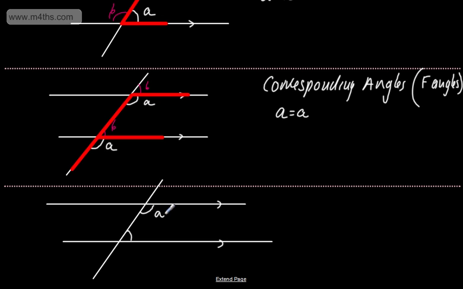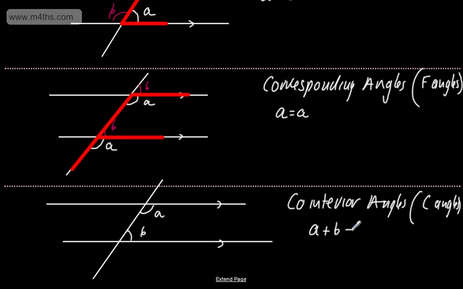I'm going to say that this is A and this is B. If these are co-interior angles, and we sometimes call these C angles, then A plus B will be equal to 180 degrees.